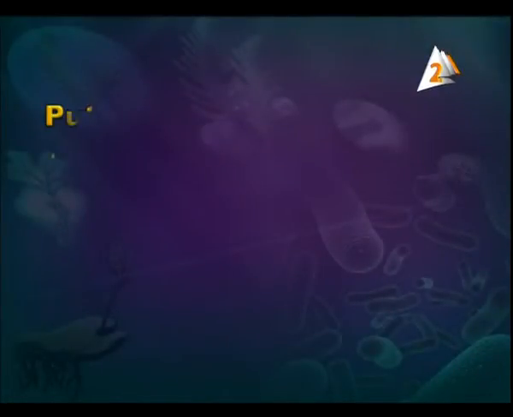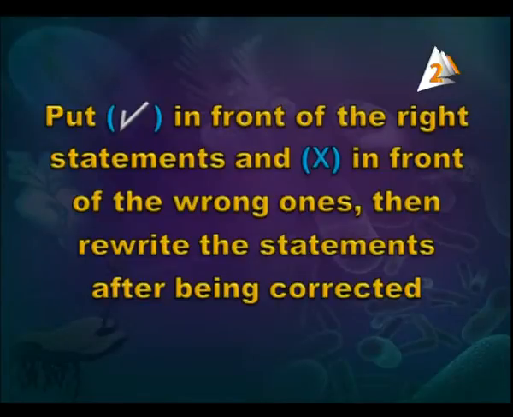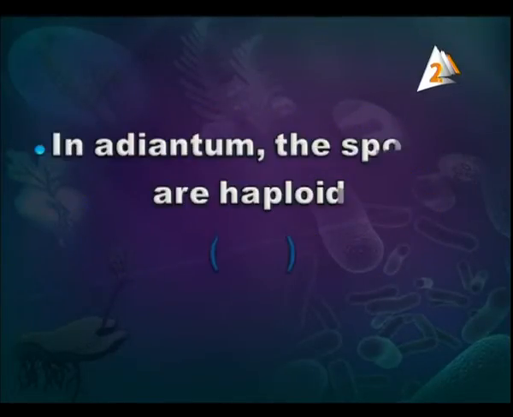Let's see the next question. Put right in front of the right statement and wrong in front of the wrong ones. Then rewrite the statement after being corrected. Number 1, in Adiantum, the spores are haploid. Try to answer, please. Yes, it is right.